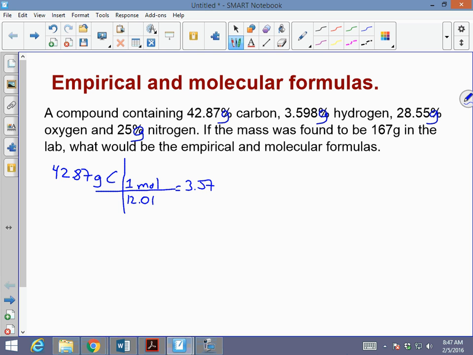The next element we'll use is hydrogen, and they give you 3.598 grams of H. Cancel with its mass, which is 1.01, 1 mole of H. That gives you 3.569.